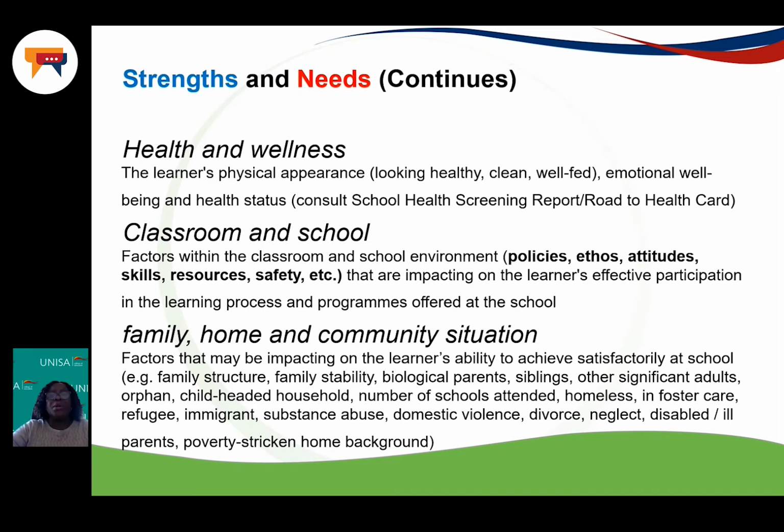Looking at the family, home, and community situation, factors that may be impacting on the learner's ability to achieve satisfactorily at school include, for example, the family structure, the family stability, biological parents, siblings, and other significant adults, whether the learner is an orphan or not, a child-headed household, number of schools attended, homelessness, is the learner in foster care, is the learner a refugee, an immigrant, is he or she exposed to substance abuse, is this learner exposed to domestic violence, or are the parents divorced?